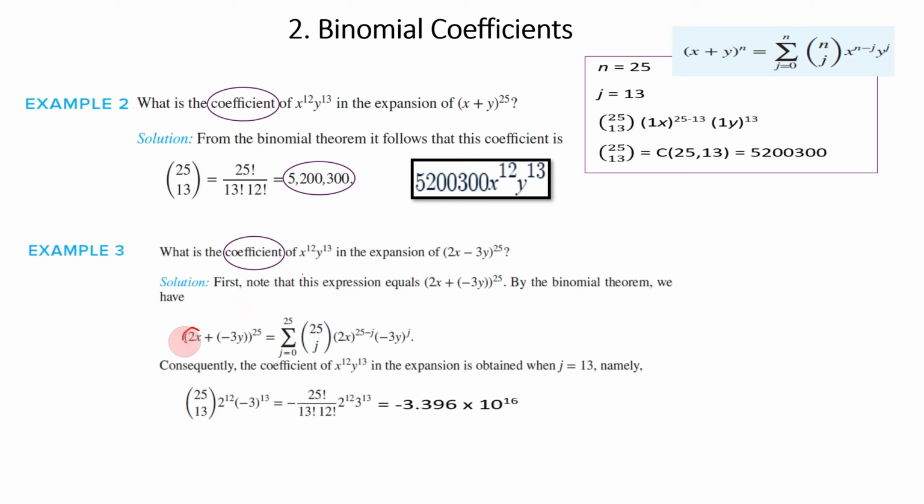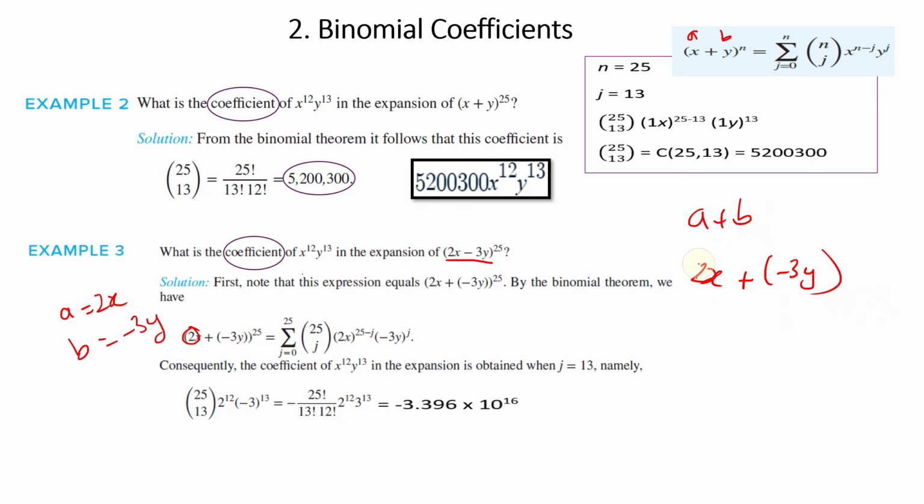I'm having 2x, or this can be a, for example. You can replace this x with a and b, so it'd be easier. Now my a is going to be equal to 2x. What about my b? My b is minus 3y. Then a plus b is going to be 2x plus minus 3y, which is going to be 2x minus 3y.